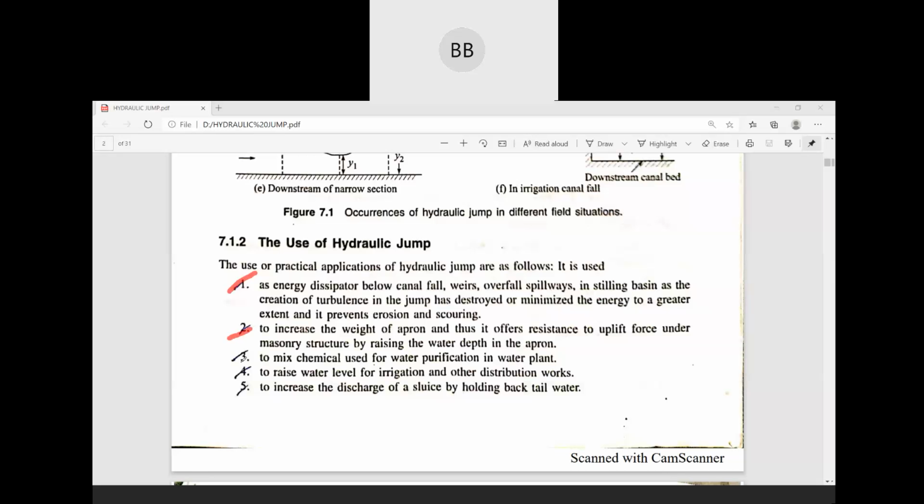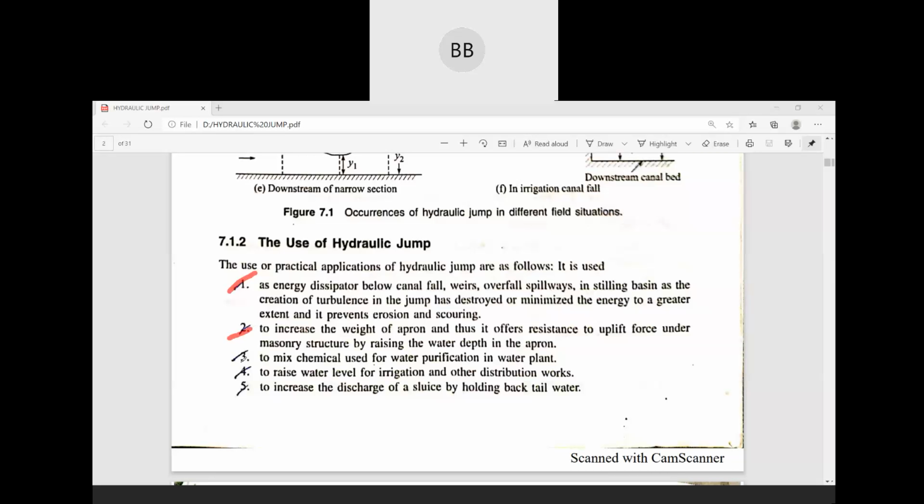In the second case, we also use hydraulic jump to increase the weight of the apron. Apron is nothing but a concrete structure we put at the downstream end when we construct a structure. This is called apron.